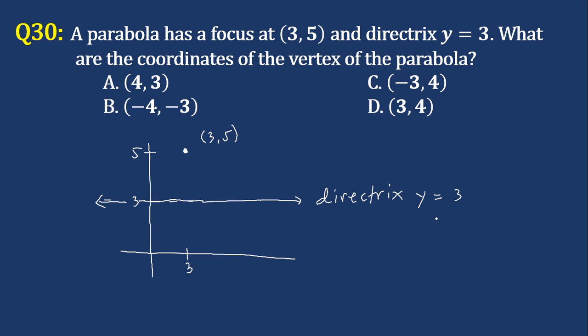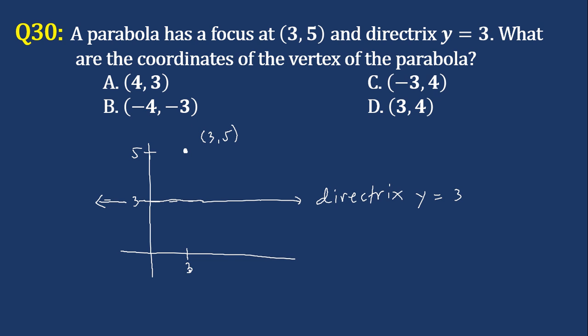Now, obviously the parabola opens upward because the directrix is horizontal, and because the focus is always in the interior of the parabola, the vertex of the parabola must be between this point and the directrix.